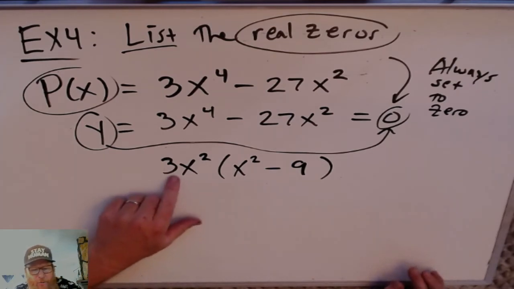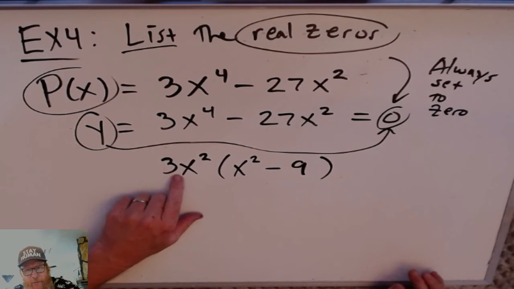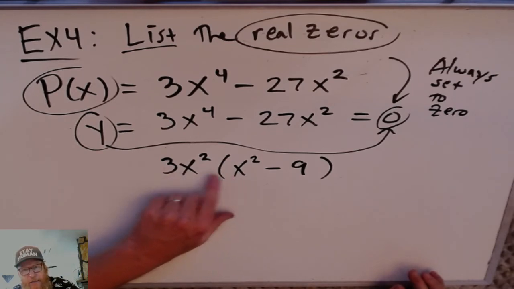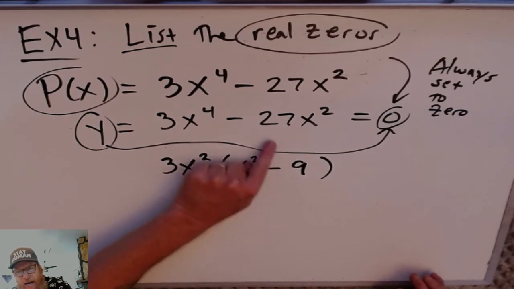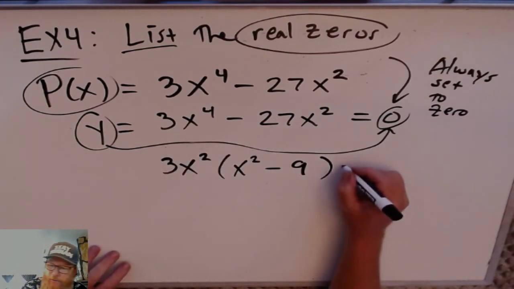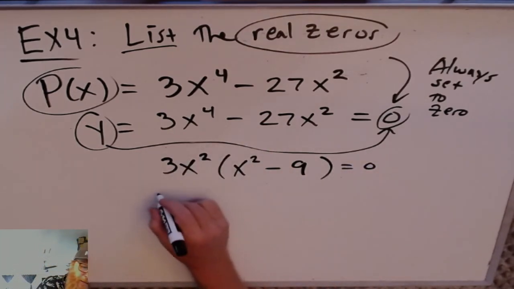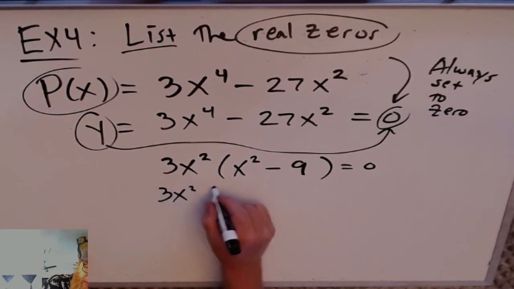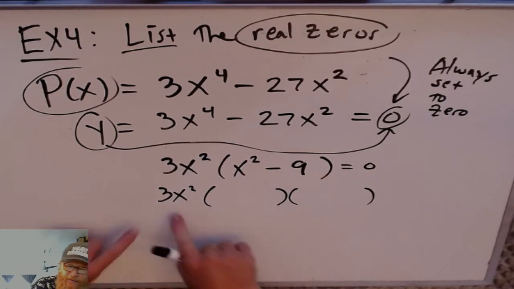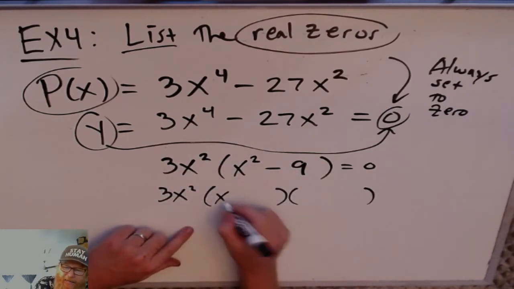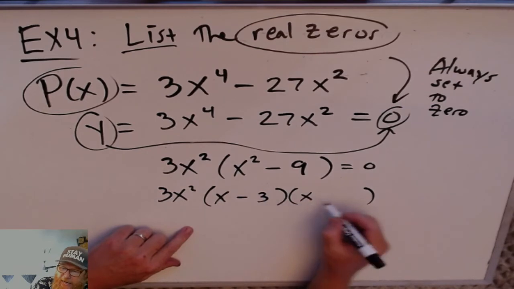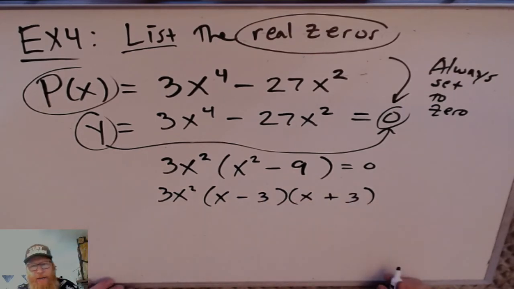All right. And then again, do a quick double check. 3x squared, x squared, that'll be x to the fourth. 3x squared, negative 9, that'll be negative 27x squared. Okay, keep going. You can't do anything with that. That's already done, but you can break this one up. X minus 3, x plus 3.